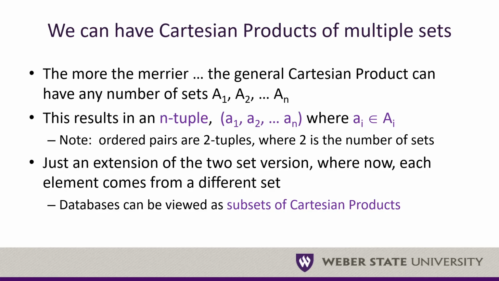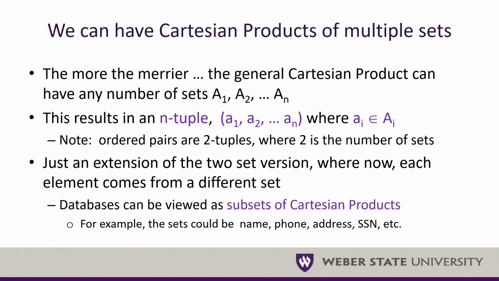Those are the kinds of things we can do with the database, and it's really just these sets of data that we're collecting, and we have ways of looking at it, and the elements of the database are defined as a subset of that Cartesian product. So we could have name, phone, address, social security number, everything else.